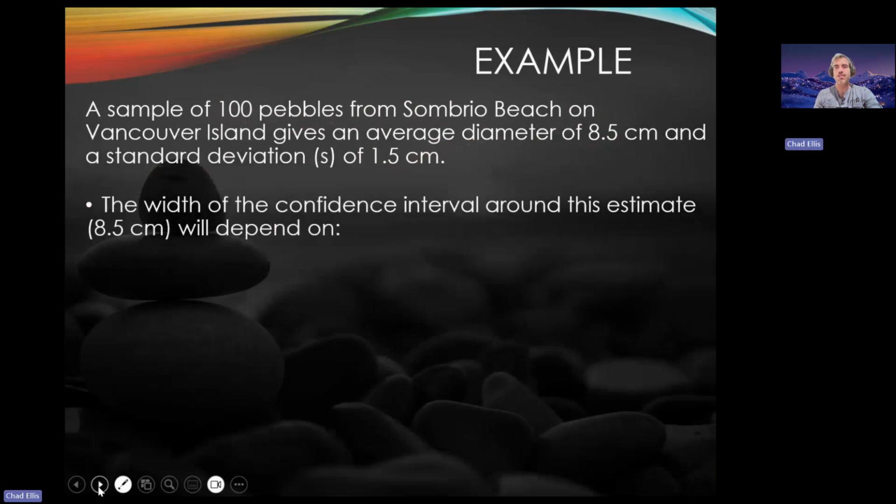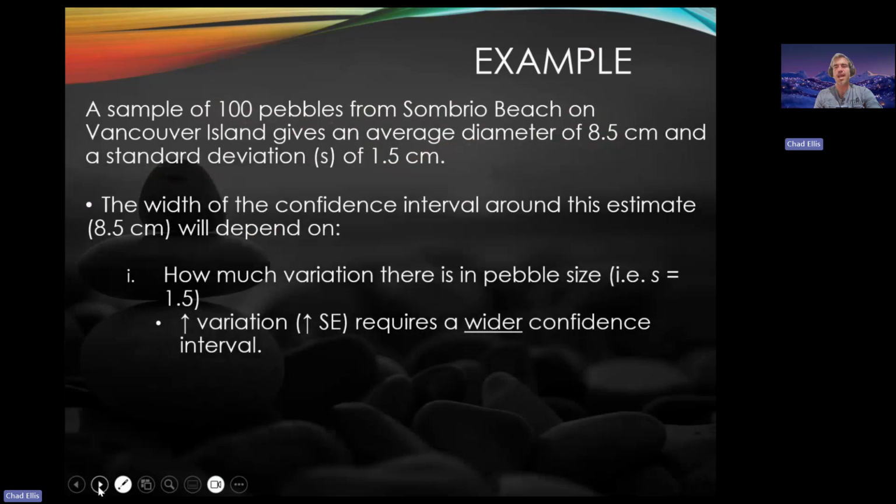Well, the size of your confidence interval is going to be dependent on a few things. So the first thing is how much variation is going to be in your sample of 100 pebbles. Is there a large variation in size, or are they all about the same size? As the variation increases, that's also going to increase our standard error, so that's going to require a wider confidence interval.